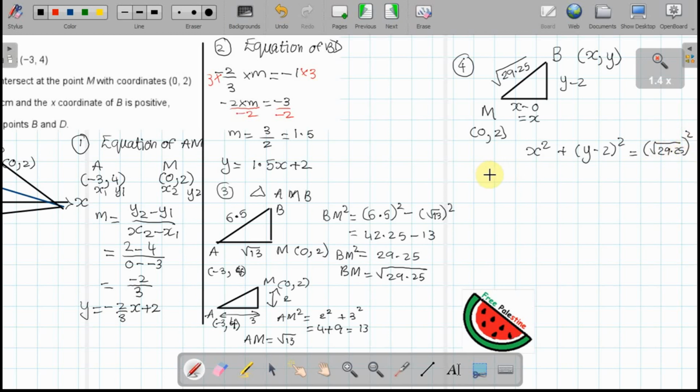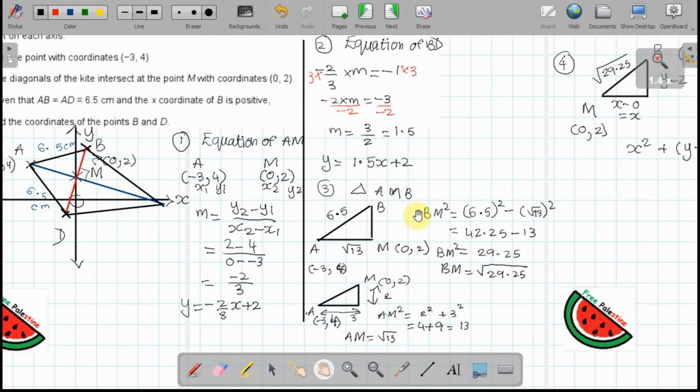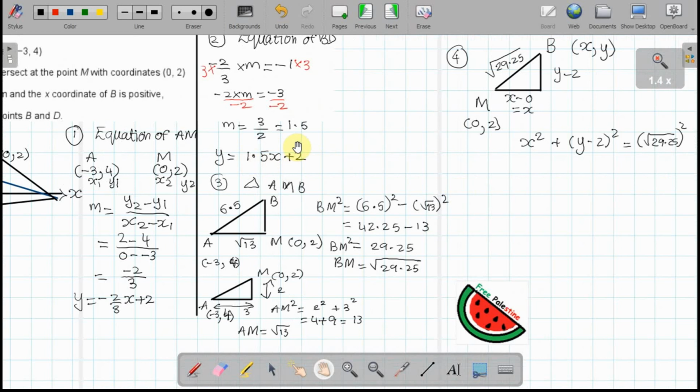So before I carry on, I know that the equation of BM, or this red line, is the same as the equation of BD. So y is equal to 1.5x plus 2. So where y is, I can replace that by substituting 1.5x plus 2. So I'll say x squared plus (1.5x plus 2 minus 2) squared is equal to 29.25.